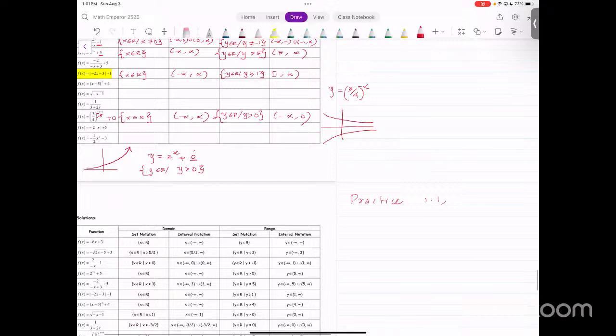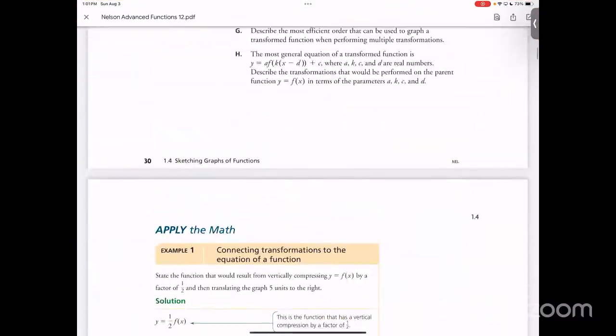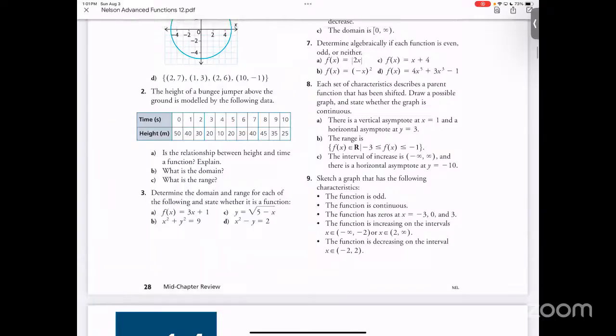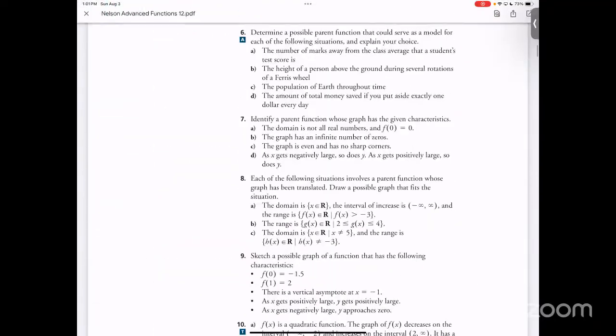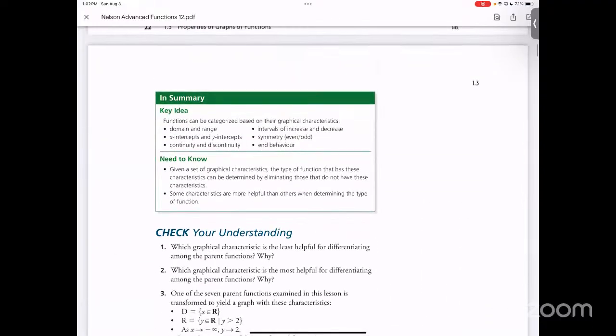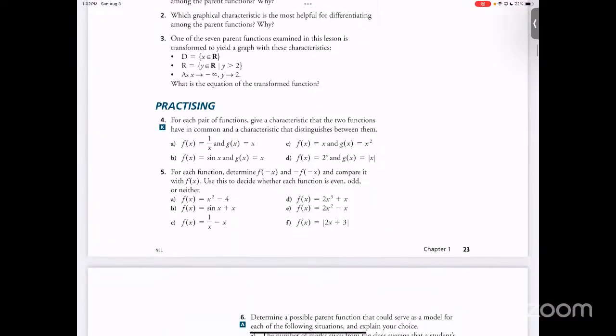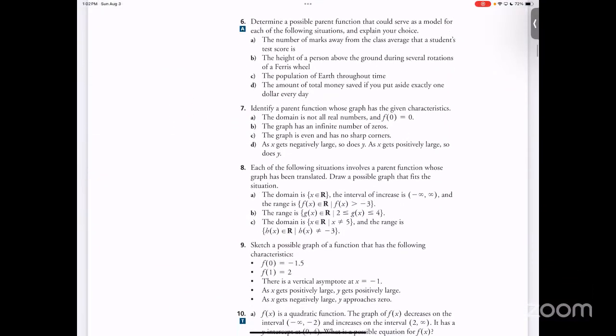If you didn't do 1.1, we did 1.2. 1.3 is not that much. If I'm right, 1.3 is just basically talking about a graph of the function. So you won't really see anything as questions in 1.3. Oh no, 1.3 does have questions. Yes, so 1.3 has a good amount of questions.